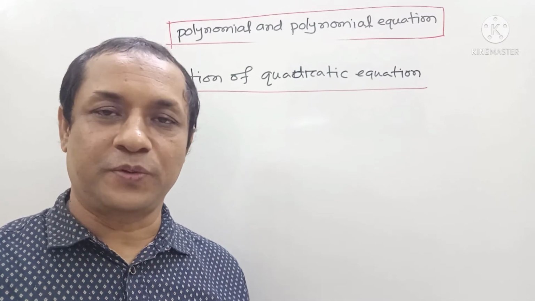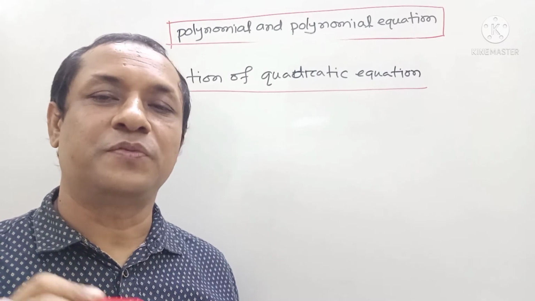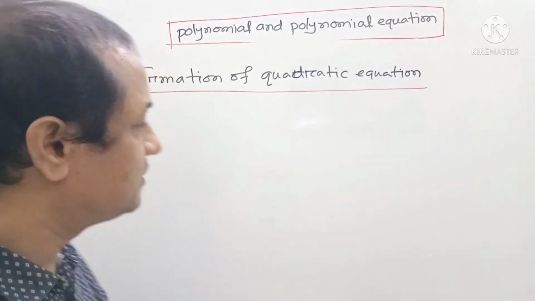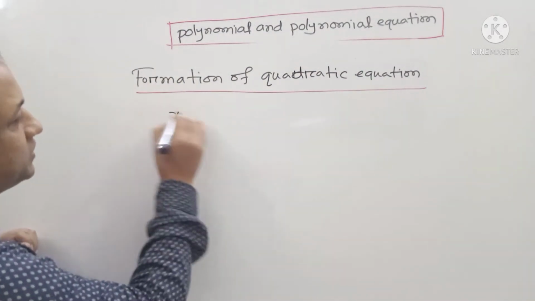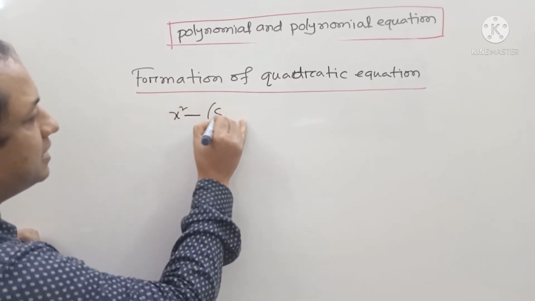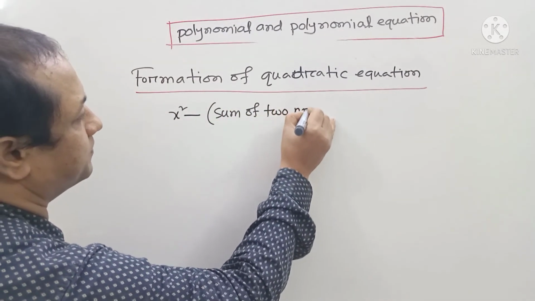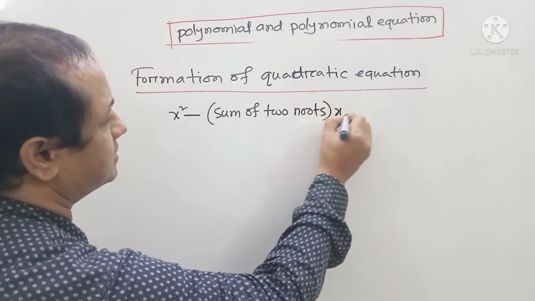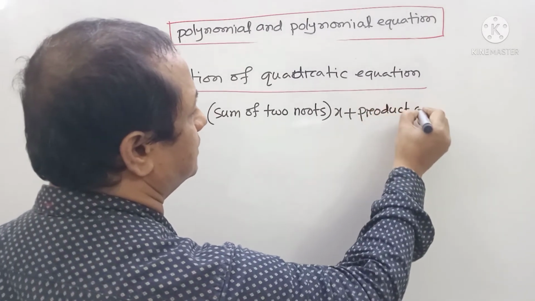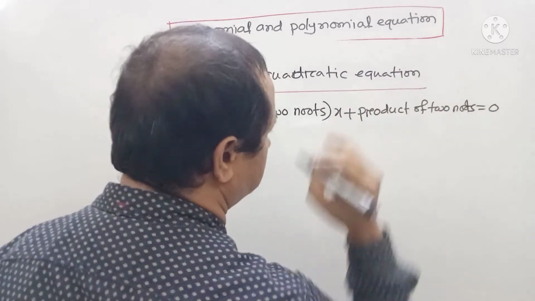Important formula, formation of quadratic equation: x square minus sum of two roots into x plus product of two roots equals 0.